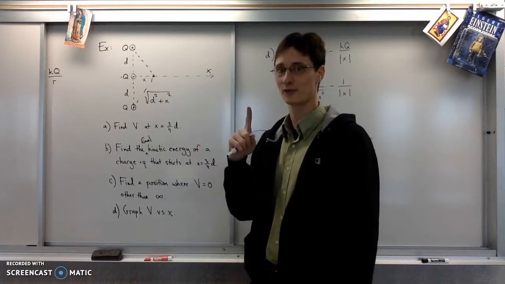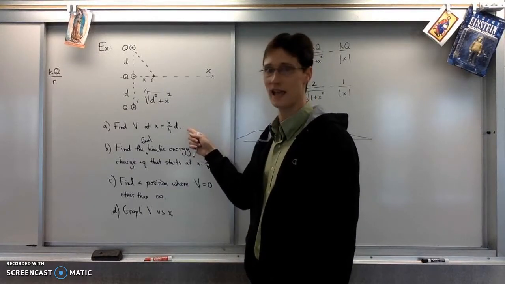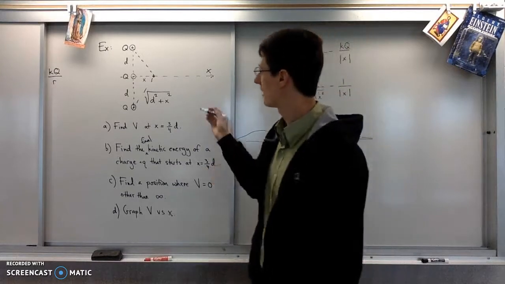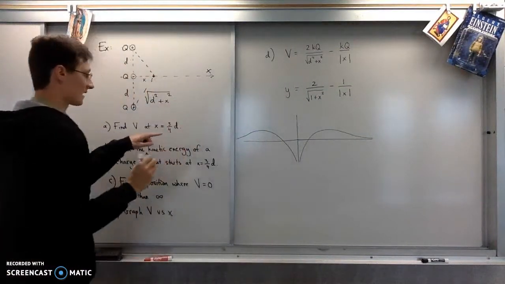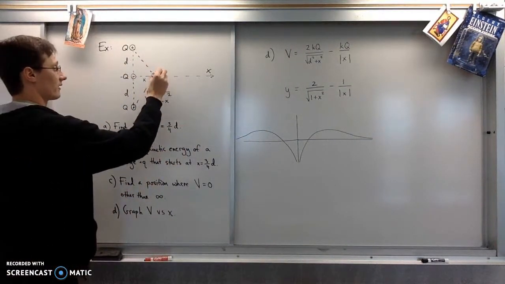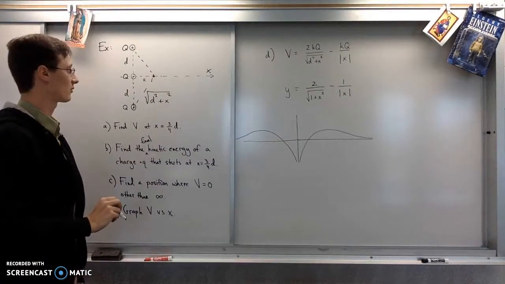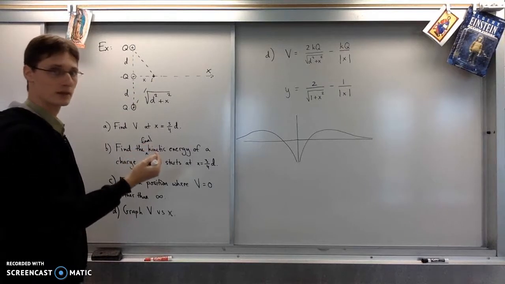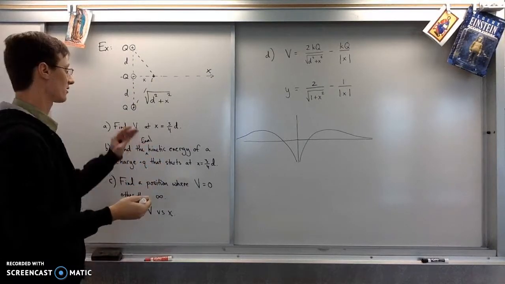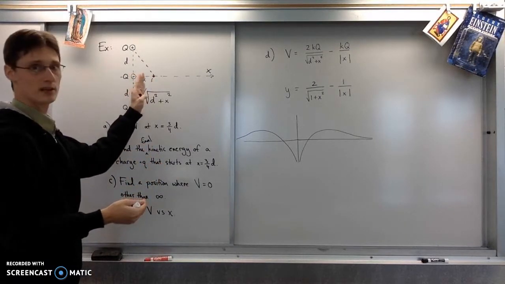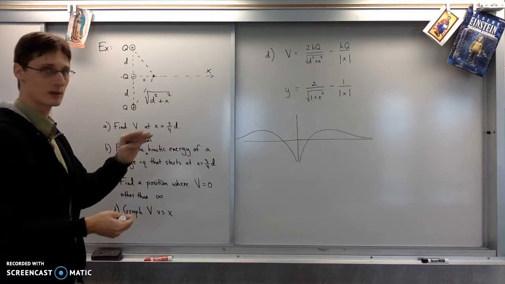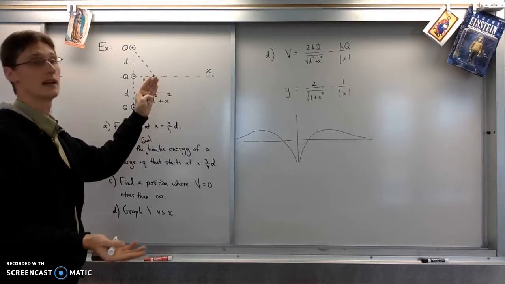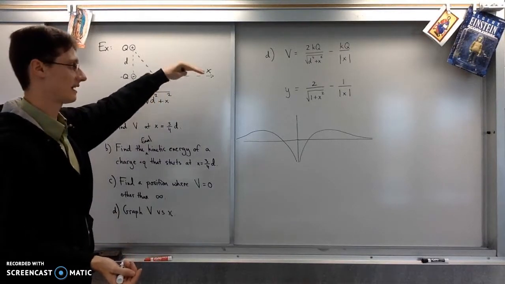And I can say that for sure because when we did part A of this, the potential was a positive number, right? So somewhere at x equals 3/4 d, like there, the potential was a positive number. But if I get too close, it goes to a negative number. So that means that there's some specific point where the potential is exactly 0. Beyond that, it's positive. And then it eventually dips back down to 0.